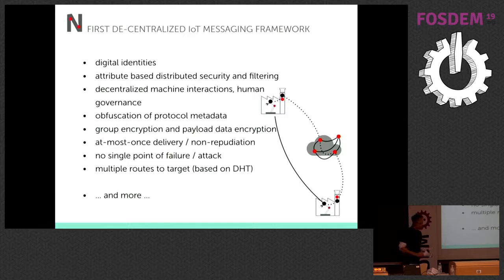So on top of what I already said, what is Neuropil? Neuropil is a networking library which is giving you digital identities. And we annotate these digital identities with attributes. So we are exploring attribute-based distributed security concepts and also attribute-based encryption, which is new in the field. We do a lot of things to obfuscate our protocol metadata.